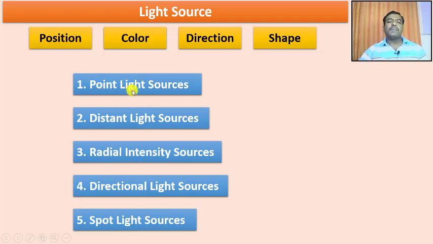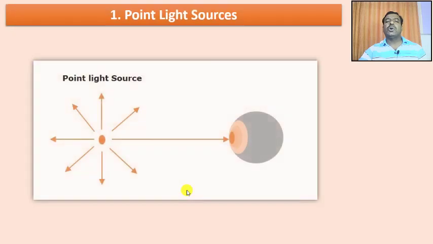The first is the point light source, which has a point as a light source and emits rays uniformly all around the scene. Then there are the distant light source, the radial intensity source, the directional light source, and the spot light source. We'll see one by one what exactly each light source is.